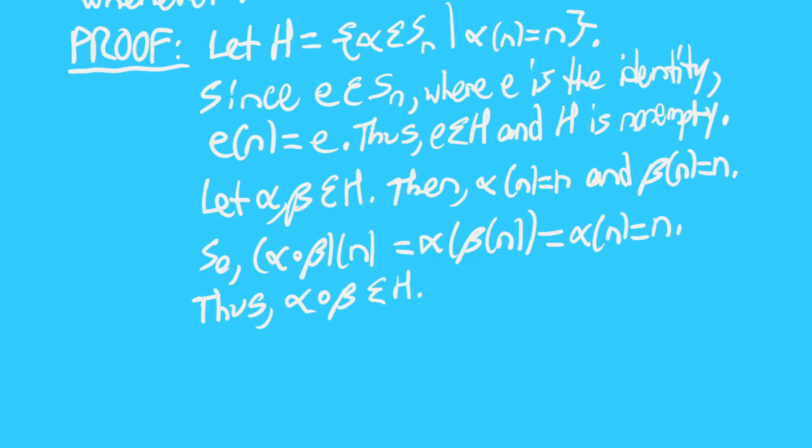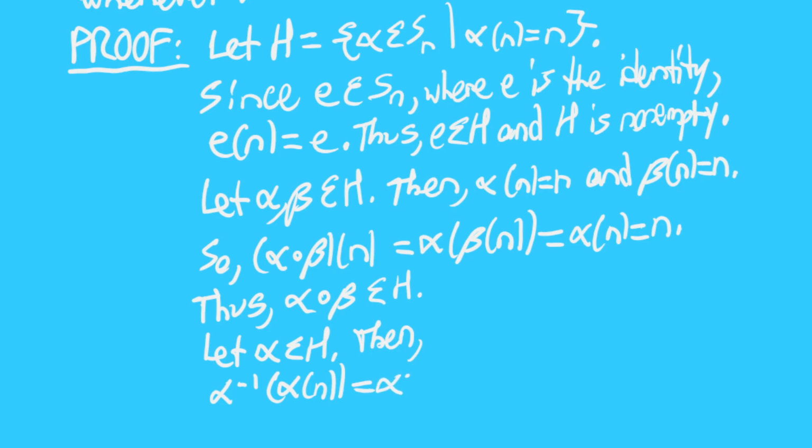And then the last step we need to show is we're going to let alpha be an element of H. So then we have alpha inverse of alpha of n equals alpha inverse of n, which is n.